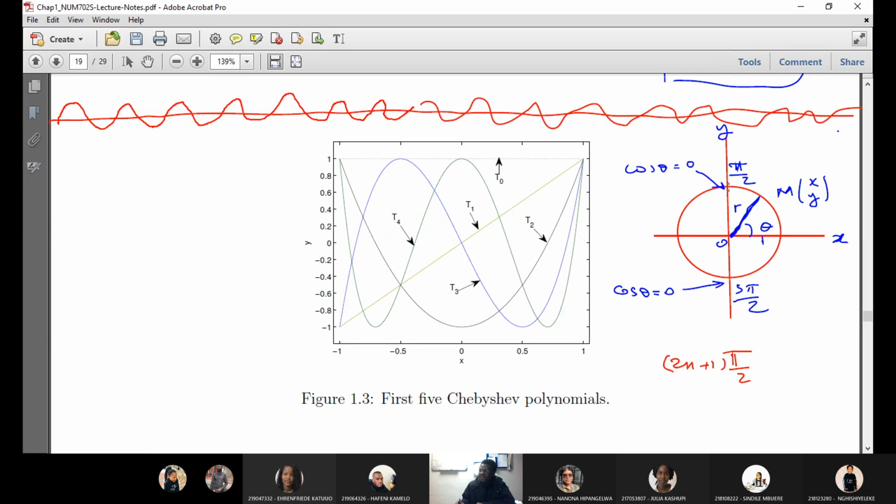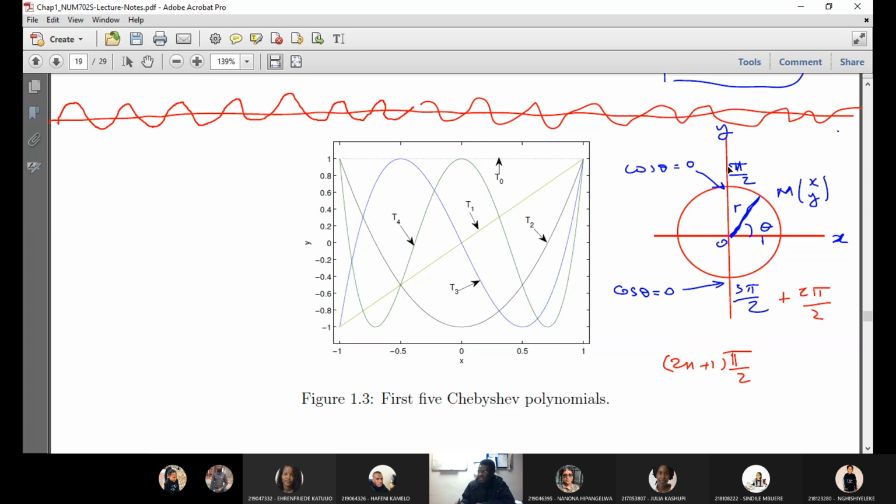So each time I add pi to move from one point to the next. If I add pi to 3 pi by 2, by cross multiplication, pi is 2 pi by 2, so it will be 3 pi plus 2 pi, which is 5 pi by 2. So 5 pi by 2 here.